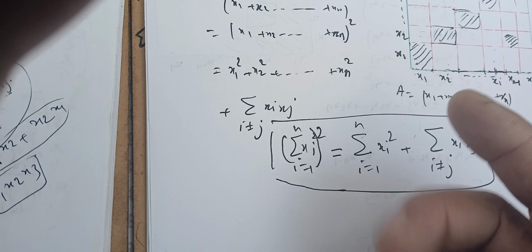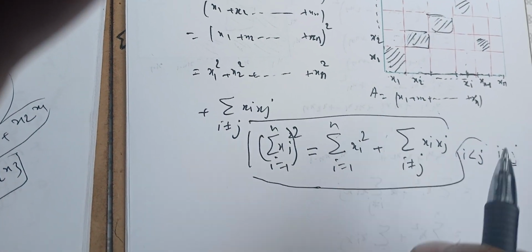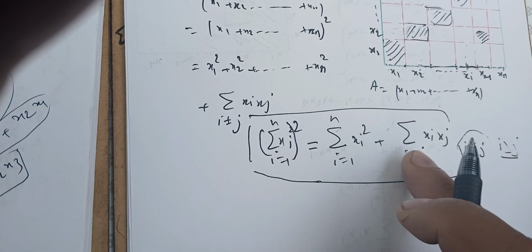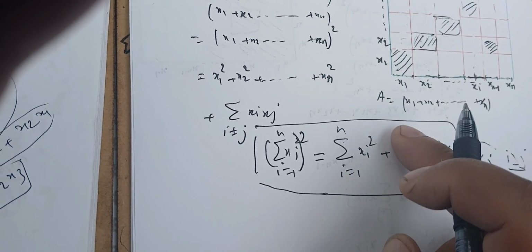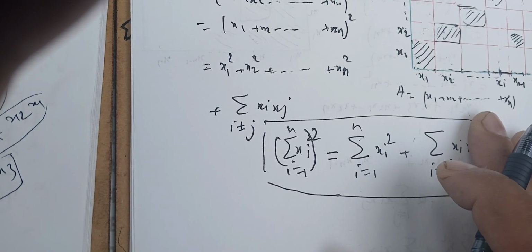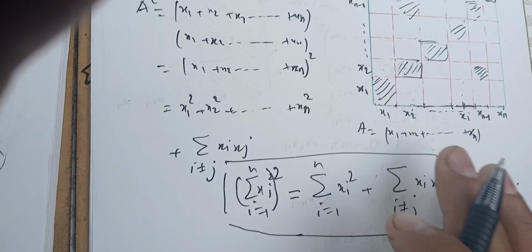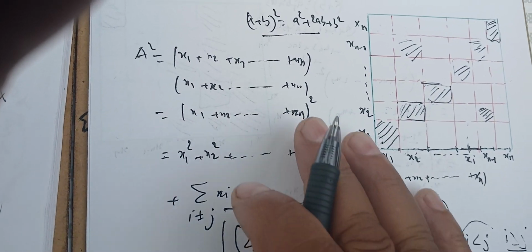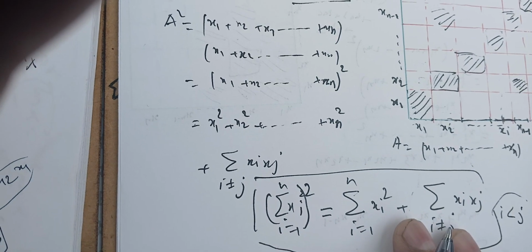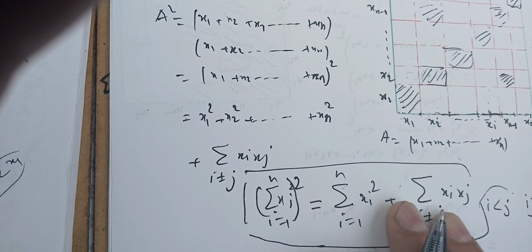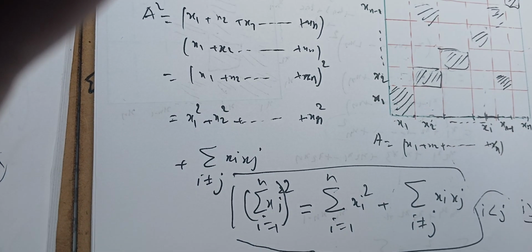So I can rewrite this one as i less than j, and I have to add 2 here, but this is enough. I don't need to worry about this. The most important thing is that we can see how geometry can help us prove this result, and I hope this is clear enough. Thank you.